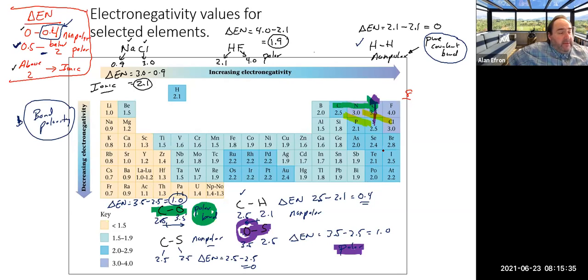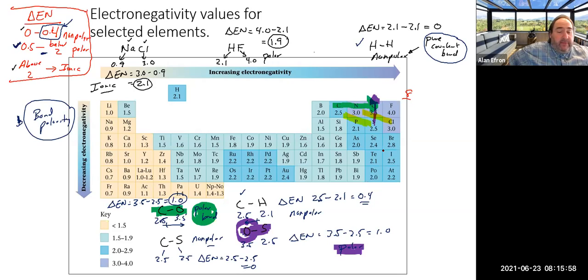Because they're in the same group, you can make a pretty safe bet that it is going to be a polar bond, and oxygen should be more electronegative. So there's a lot of instances where just the general trend in electronegativity can be used to make a pretty reasonable assumption in terms of whether or not you would expect a polar bond.